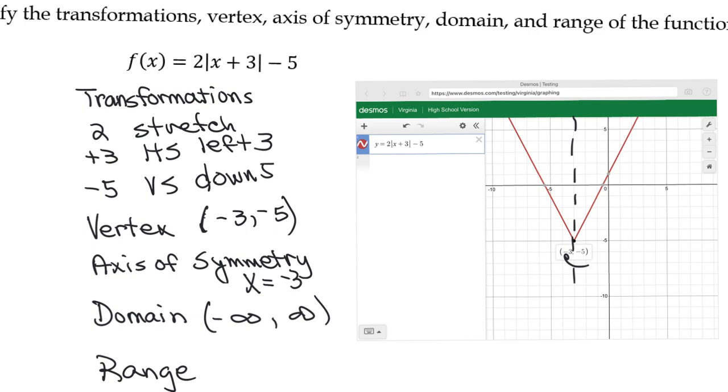Okay, my range is determined by the y value of the ordered pair. The y value is -5. So instead of the range being from 0 to infinity, it is going to be from -5 to infinity.